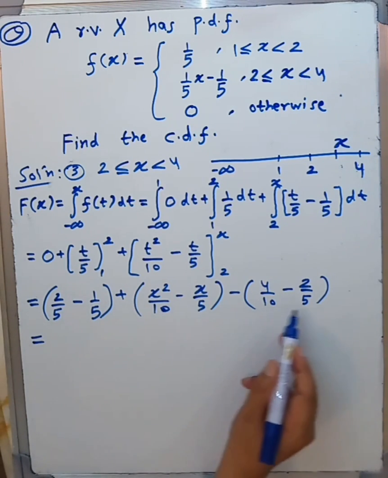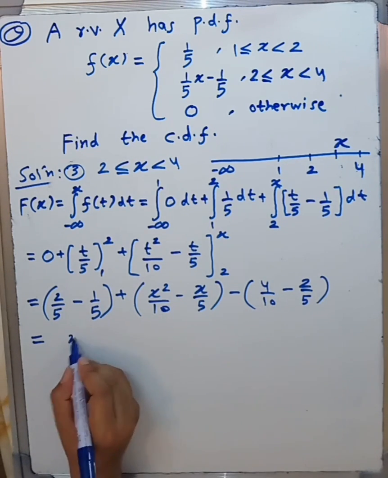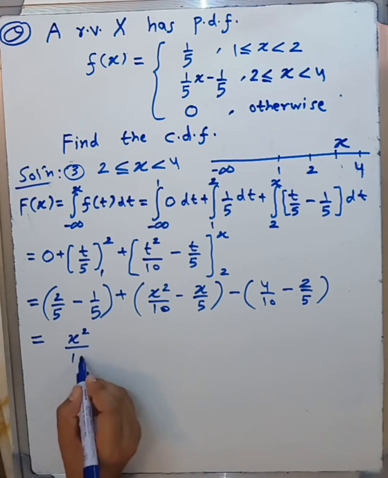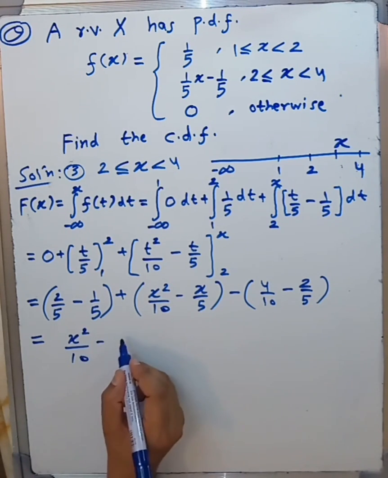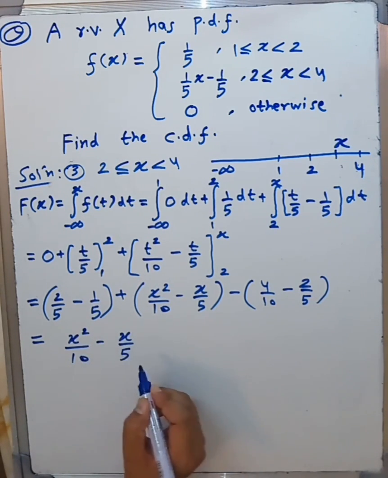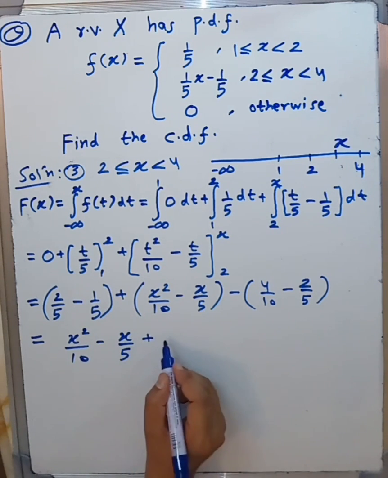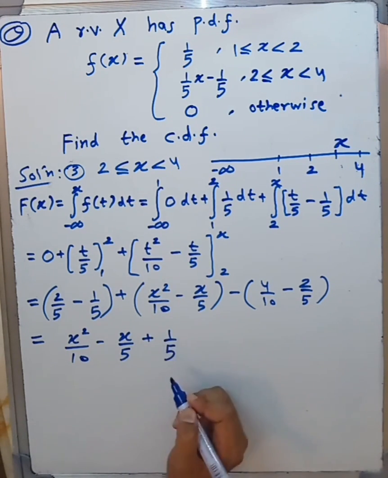After simplifying, I will get x square by 10 minus x by 5 plus 1 by 5.